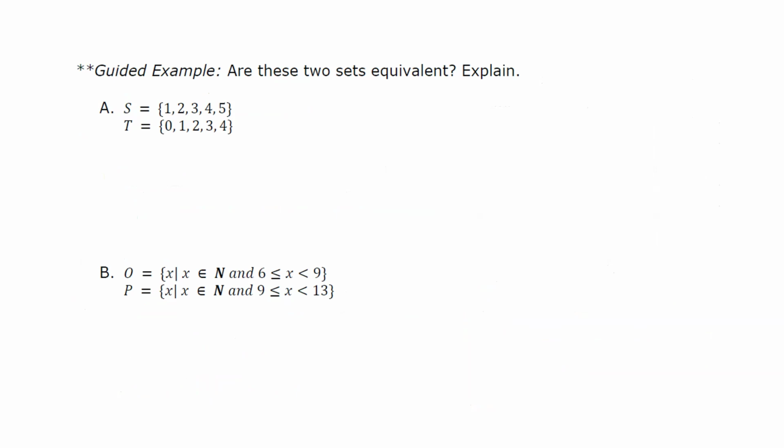We need to determine if these two sets, S and T, are equivalent. The cardinal number of set S is 5, and the cardinal number of set T is also 5. So the cardinal number of S equals the cardinal number of T. Then yes, they are equivalent.